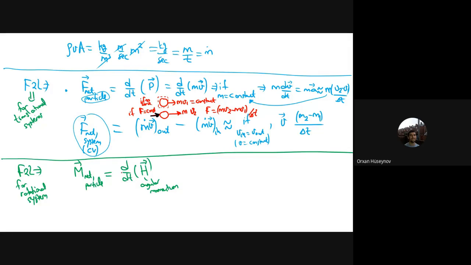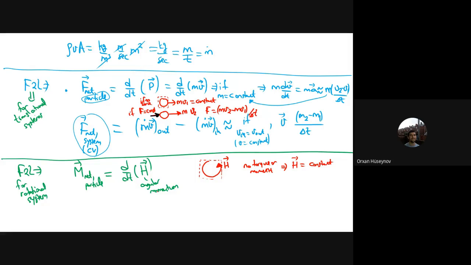Good. Similarly here, if the body rotates with some angular momentum H, and there is no torque or moment acting on the system, then it means that H will be constant.